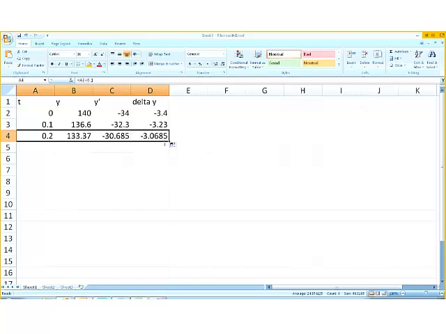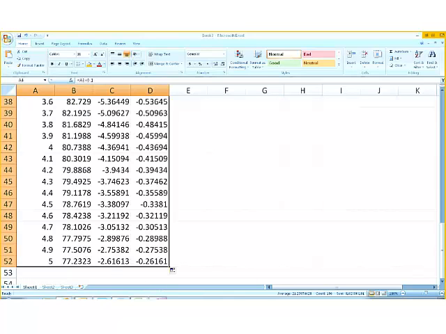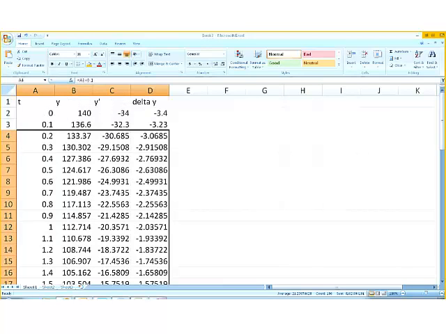To get the rest of the solution, I can just highlight this whole row, grab the lower corner, and when it changes to the small plus sign, just drag it down. So you can see the temperature starts here at 140.